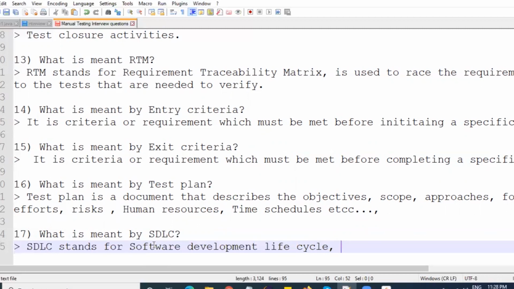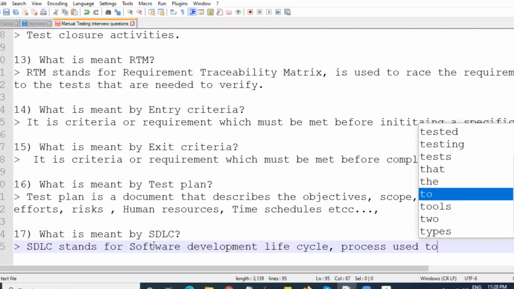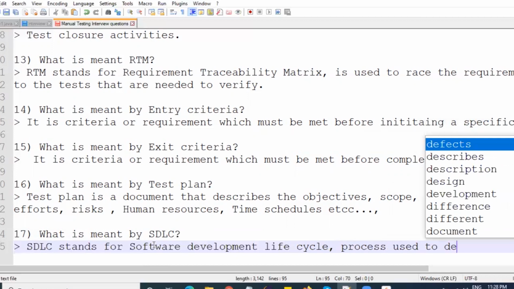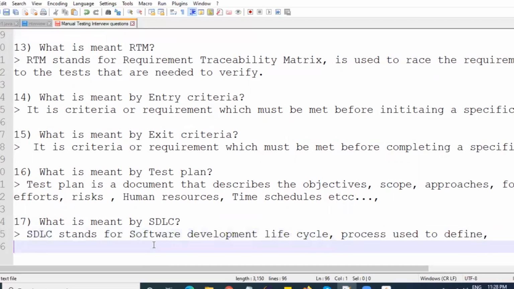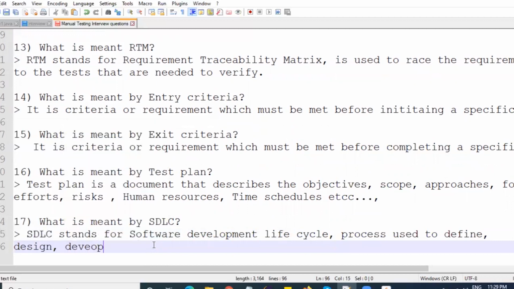All the people involved in the project are part of SDLC. So SDLC is a software project process: define what the user needs, next design what the user is going to expect, next develop the product and deliver it.